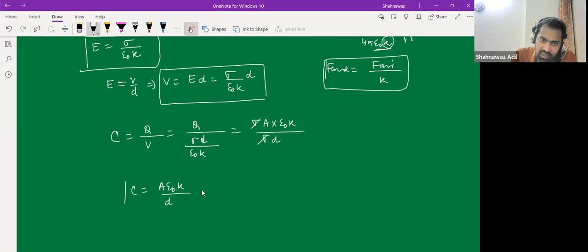So you see that this K factor is the extra part, so the capacitance would increase. Whenever we put some dielectric medium in between the parallel plate capacitor, the capacitance will increase. Is this clear?